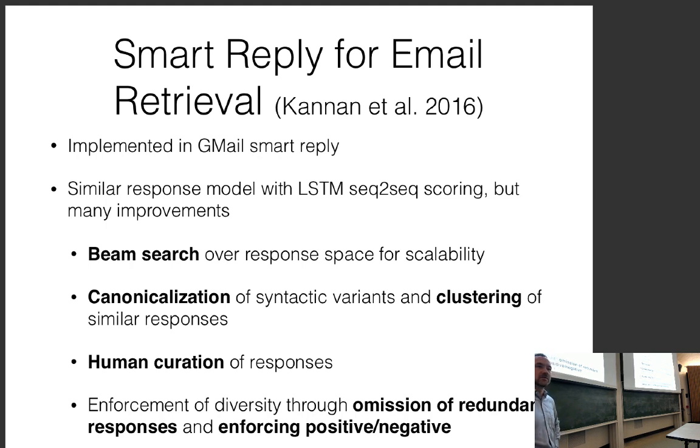The idea being that if somebody's asking whether you think it's a good idea to do something, they make sure you have at least one response that says yes and one that says no. That's also a good thing because then the human gets to choose between responses that don't mean the same thing. So this is really cool. This is an example of a neural dialogue system that people are actually using every day for large-scale things.